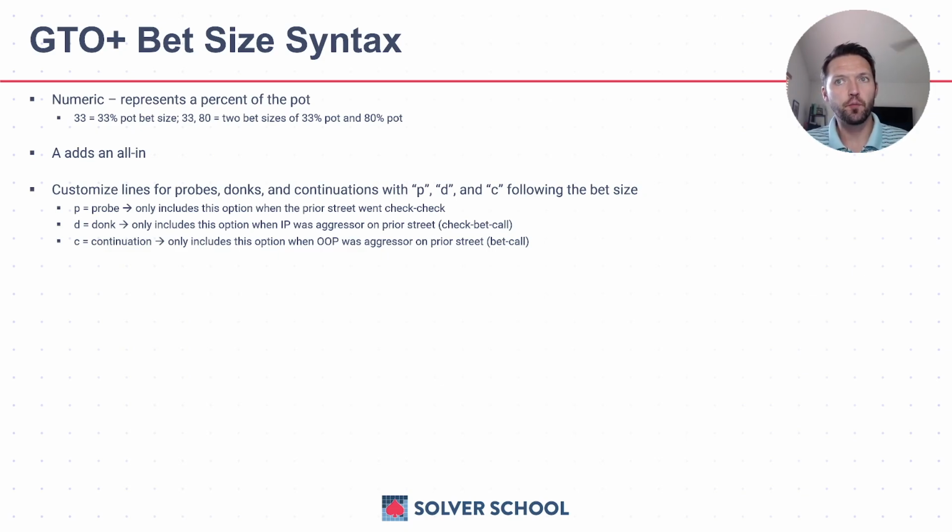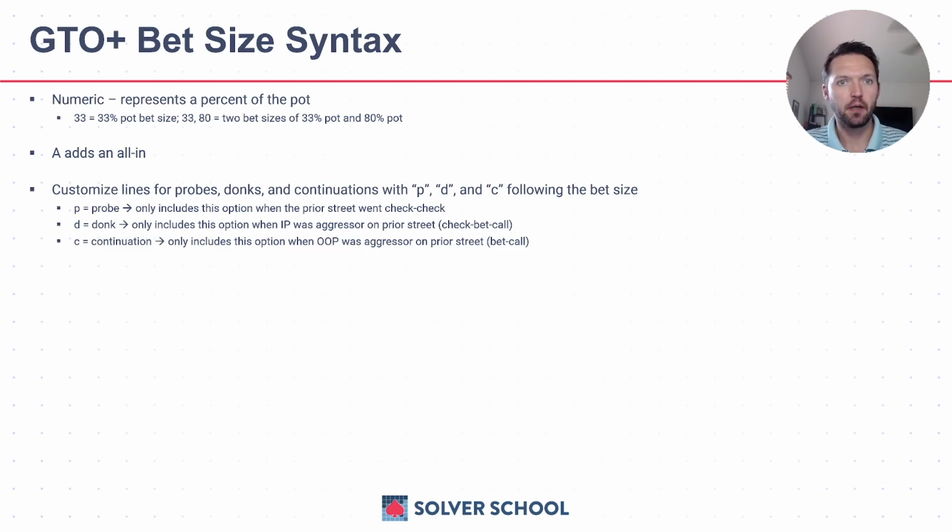So P is equal to probe, D is equal to donk, and C is equal to continuation. When these letters are utilized immediately following a number, that's only going to include that option when a particular betting pattern emerges.